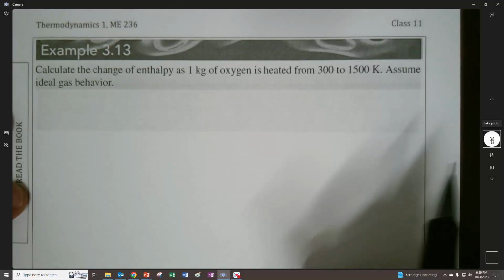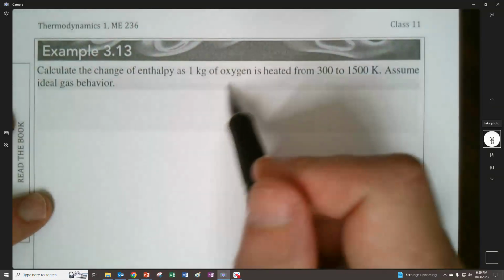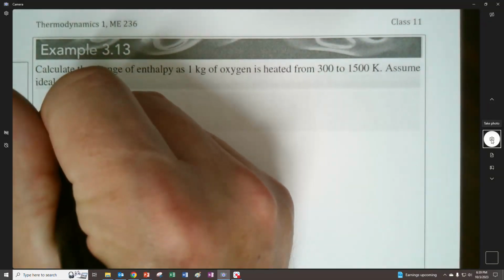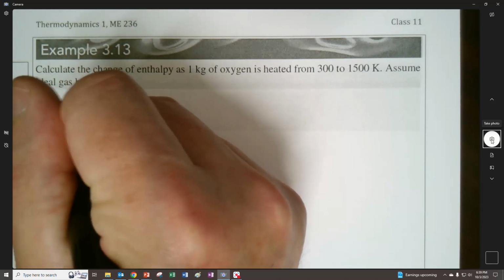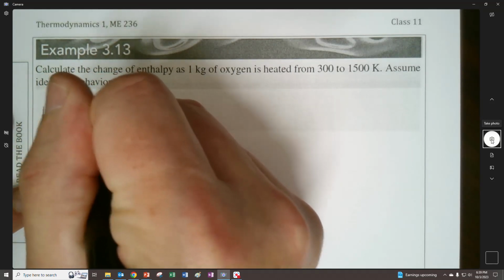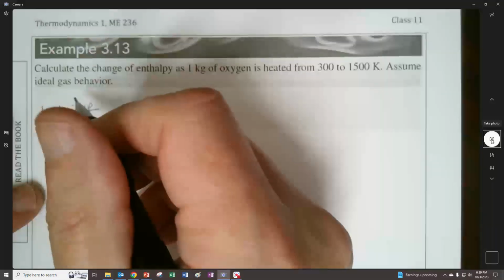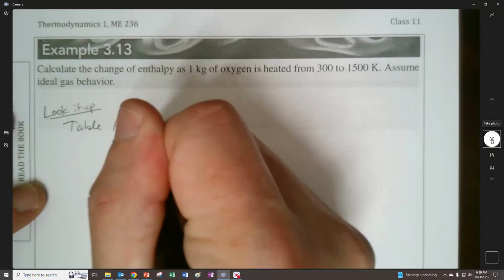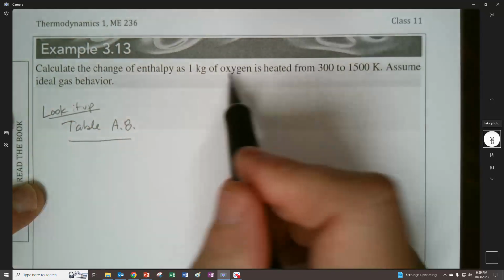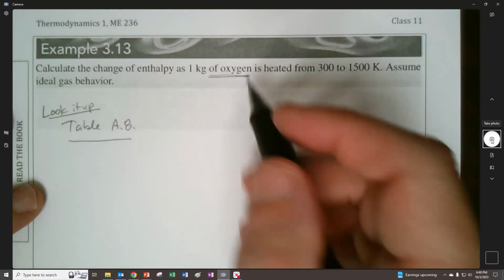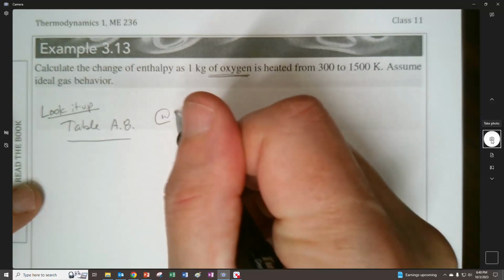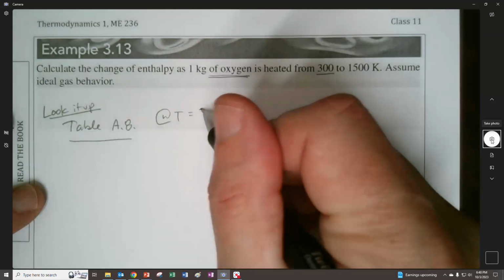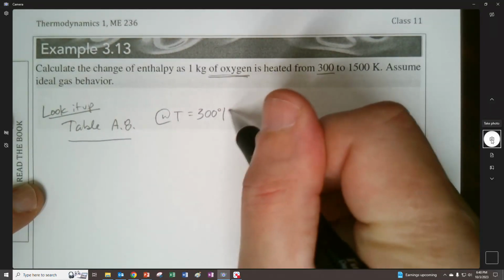So the first thing that we're going to do is just go ahead and look it up. All right, so here's our method number 1. Look it up. And so we'll go to table A.8 for oxygen, at T equal to 300 degrees Kelvin.